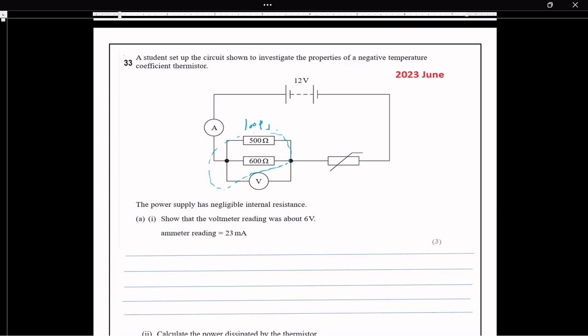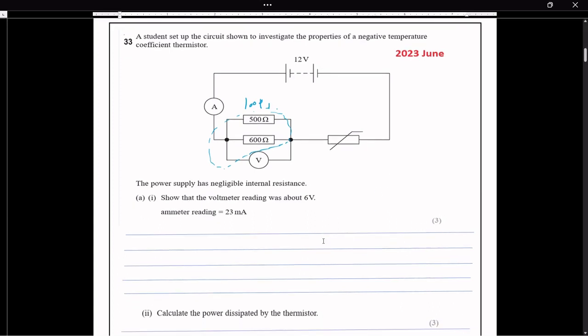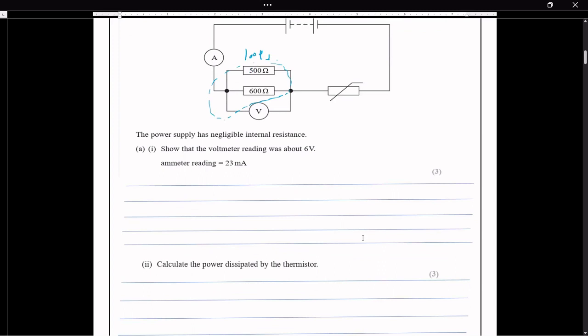Let us calculate the total resistance RT of loop 1. It is a parallel combination, so R total is the sum of the reciprocals of the individual resistors R1 and R2.